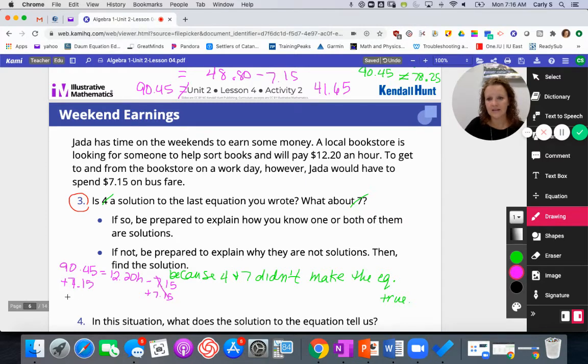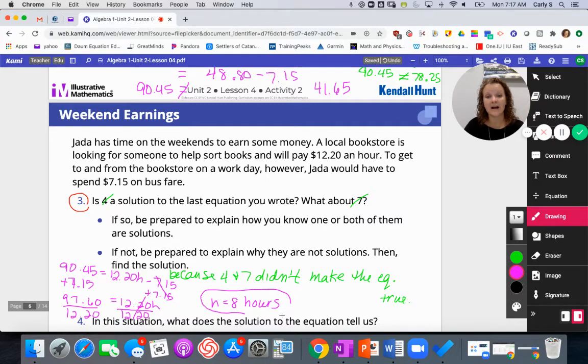I get $97.60. That's how much she takes home before she pays for her bus fare. Now I want to divide both sides by $12.20 because then I've isolated H. I've got H all by itself. So divide by 12.20, and I get 8. So H equals 8 hours.